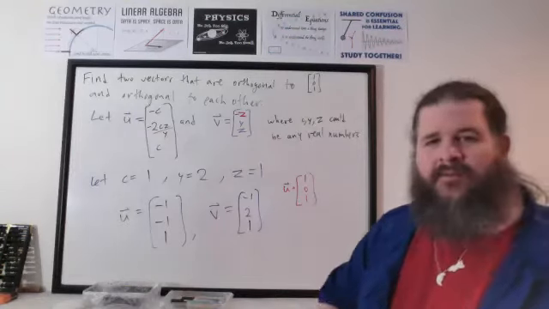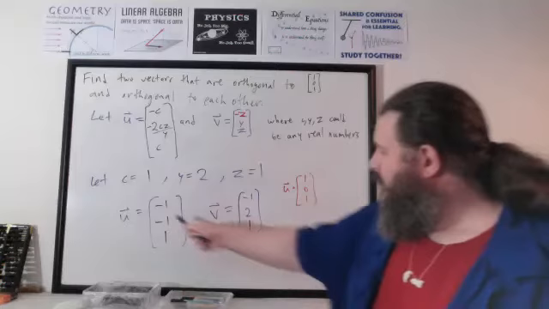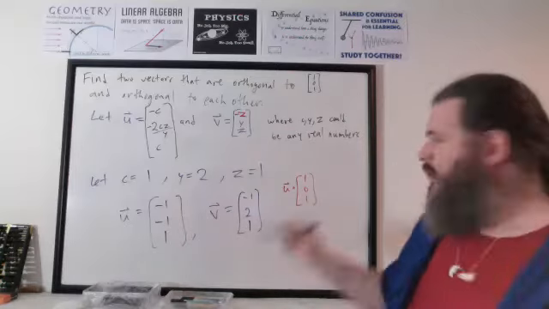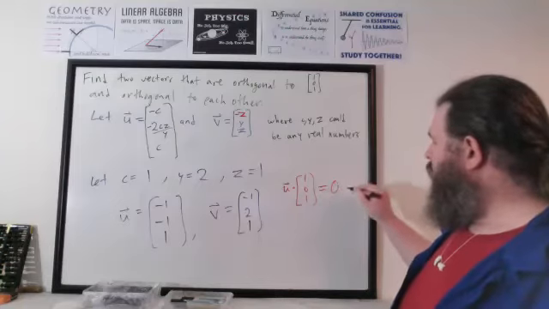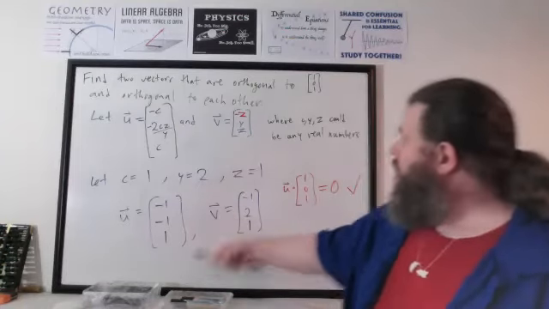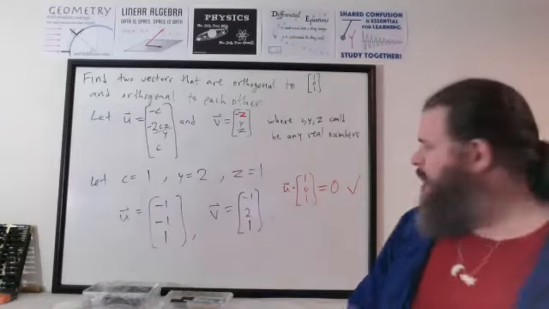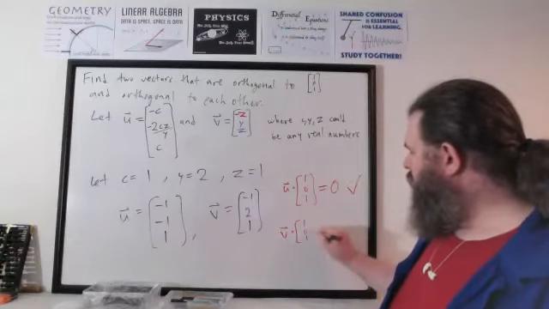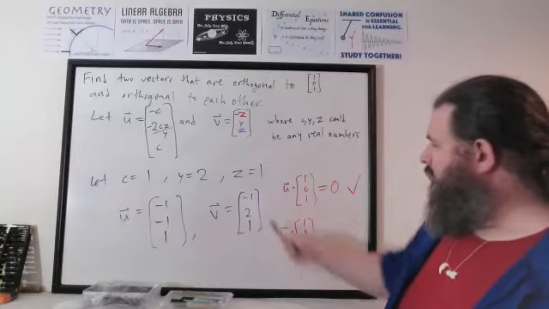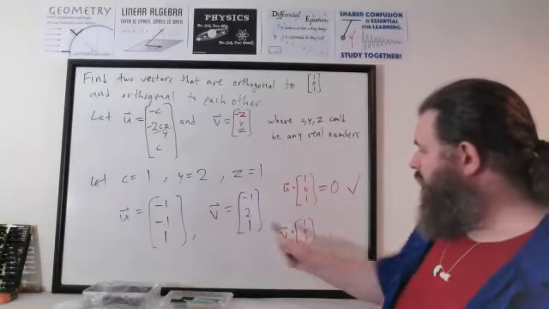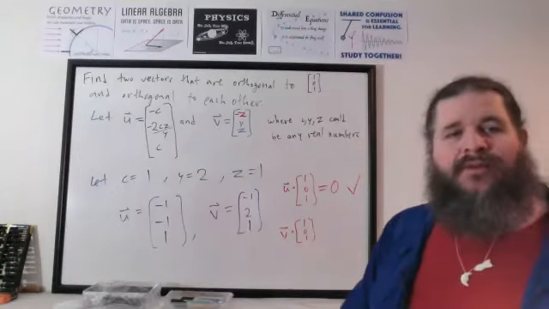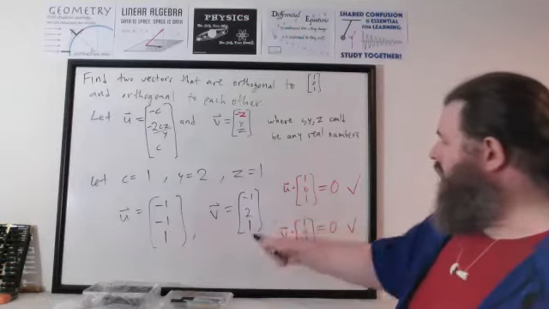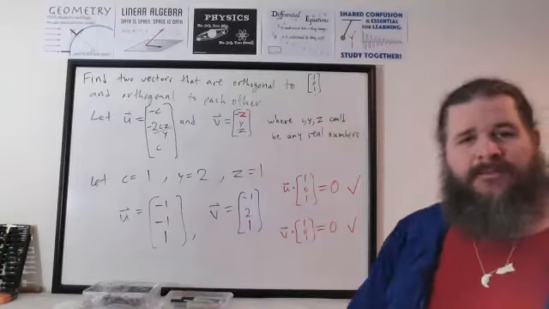If we try that dot product, -1 times 1 plus -1 times 0 plus 1 times 1, that's -1 plus 1, so that's 0. So we verified that this is a vector that's orthogonal to 1, 0, 1. If we try the same with V, V·(1, 0, 1), -1 times 1 plus 2 times 0 plus 1 times 1, -1 plus 1 again, so that's also 0. So V is orthogonal to this vector originally.